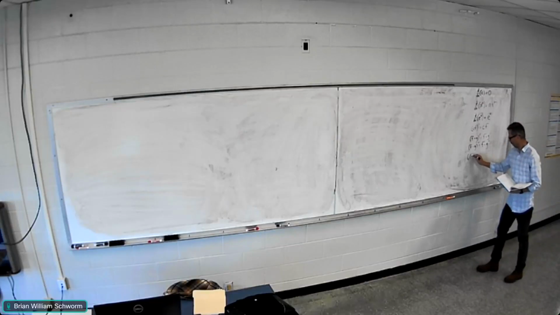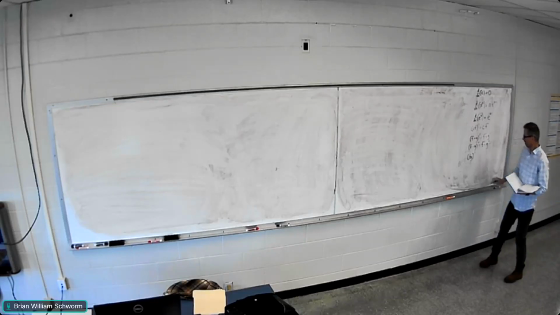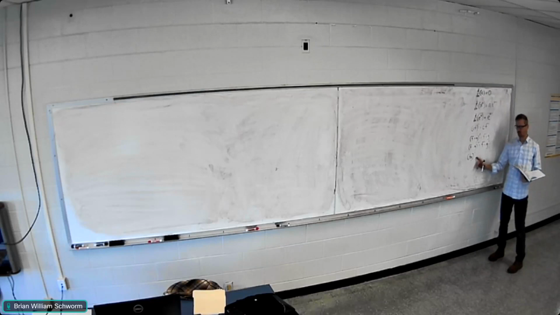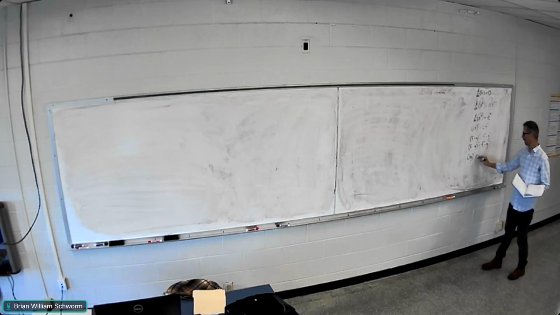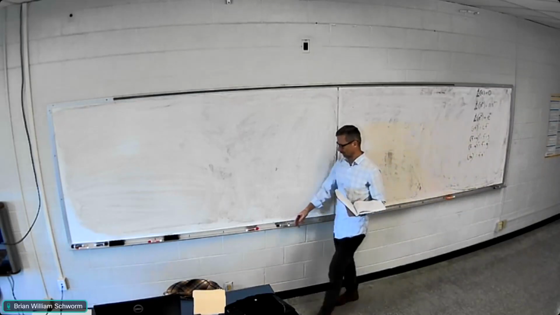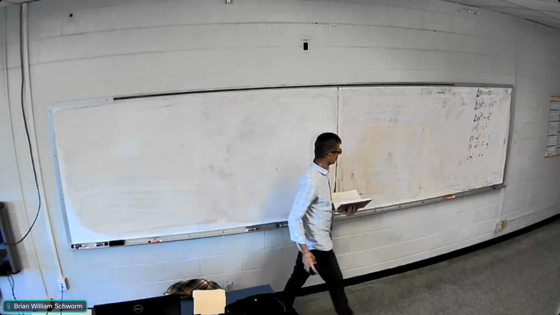And then the new ones from yesterday. The derivative of f times g. What would be nice but not true is if it was just the derivative of f times the derivative of g. That would be nice, but that's unfortunately not how it works. It's more complicated than that.